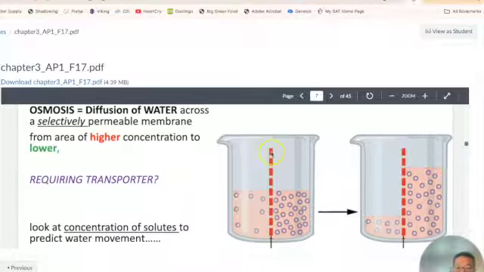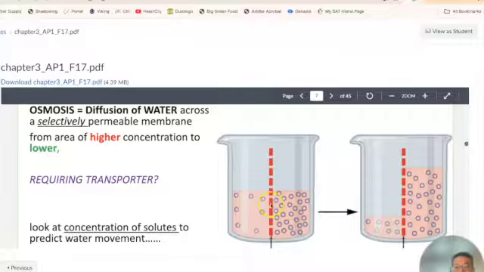Okay, so here the red line is depicting a permeable membrane. And the pink things are water, we call it the solvent, and here we have a solute, which is, for example, salt.